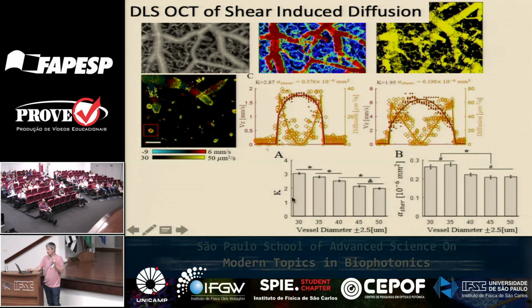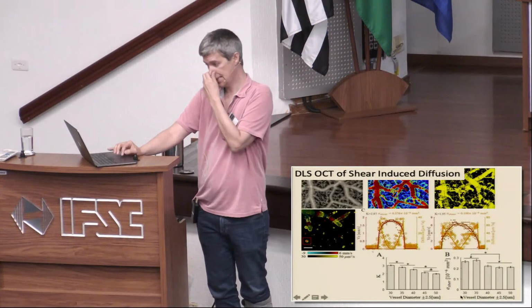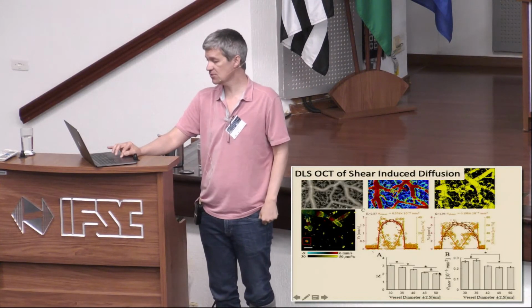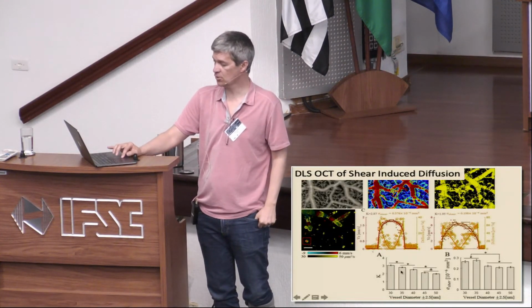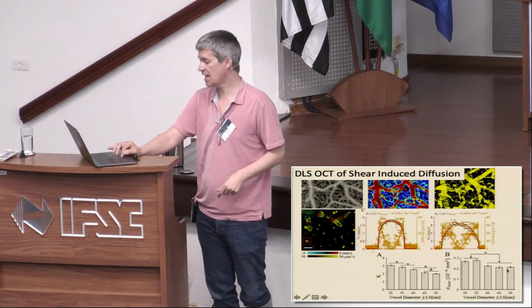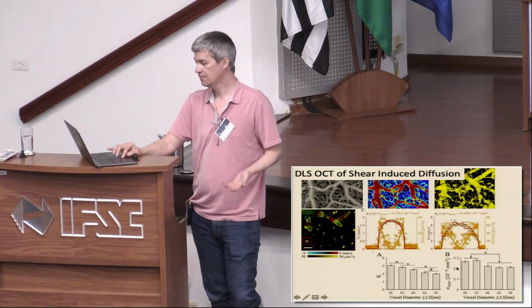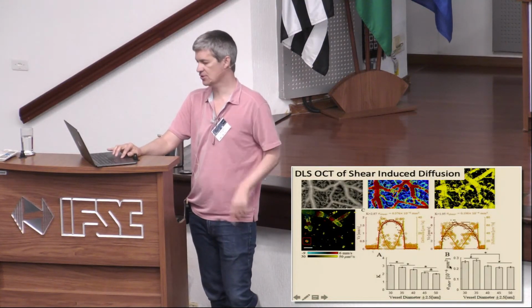So we can measure K, which is this plug parameter, and alpha shear versus vessel diameter. We see that for large vessels, we get a laminar profile, but for smaller and smaller diameters, it becomes more of a plug flow. And this alpha shear, we were measuring about 0.2 times 10 to the minus 6 millimeter squared.